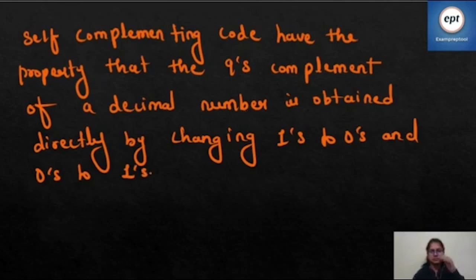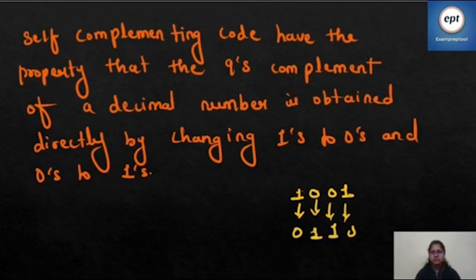Okay, so the complementing, you all know that it is like changing from 1 to 0 or 0 to 1. So for example, 0 1 0 0. If you do the complement of this, the 1 will change to 0, this 0 will change to 1, this 0 will change to 1, and this 1 will change to 0.